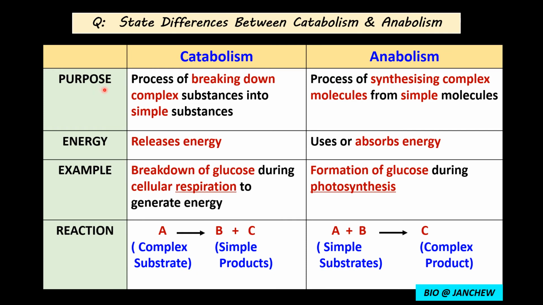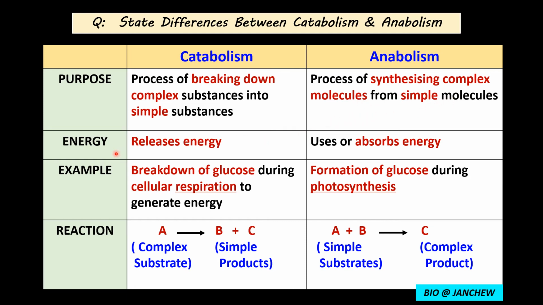Firstly, in terms of the process and the purpose, catabolism is the process of breaking down complex substances into simple substances, whereas anabolism is just the opposite. It's the process of synthesizing complex molecules from simple molecules.